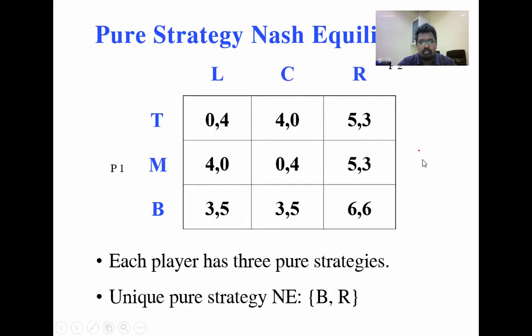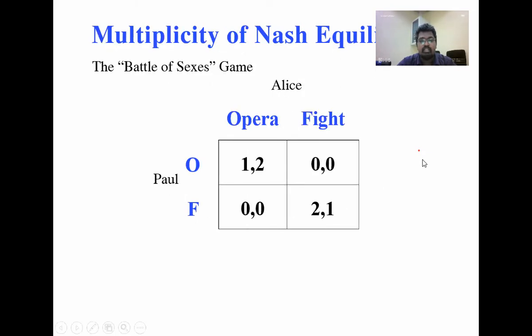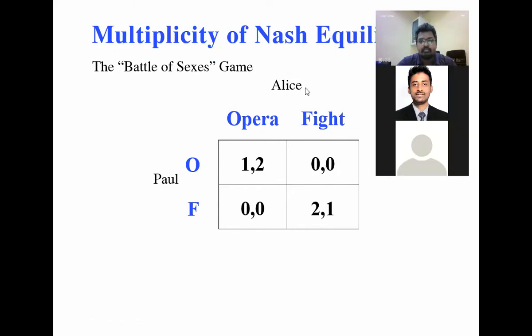We have another game. Now we are moving ahead with a few games, right? To make it familiar and to see different dimensions as well. In this game, again I need your support. We'll go through the same process and we'll have a special name for this game, the Battle of the Sexes.